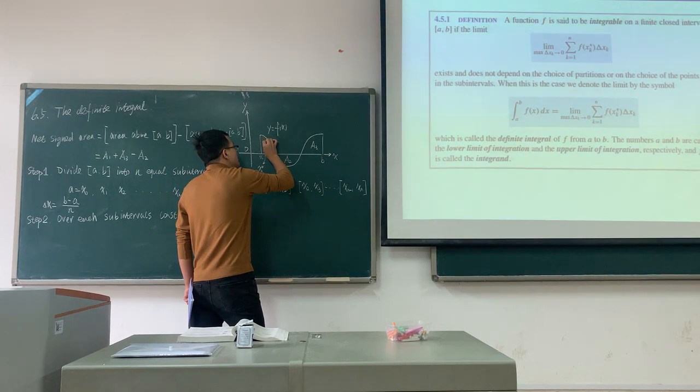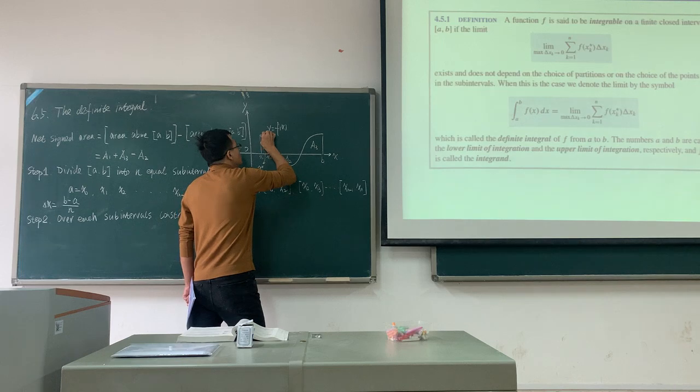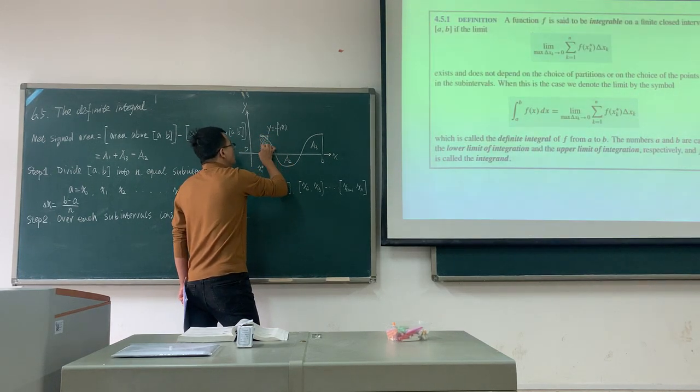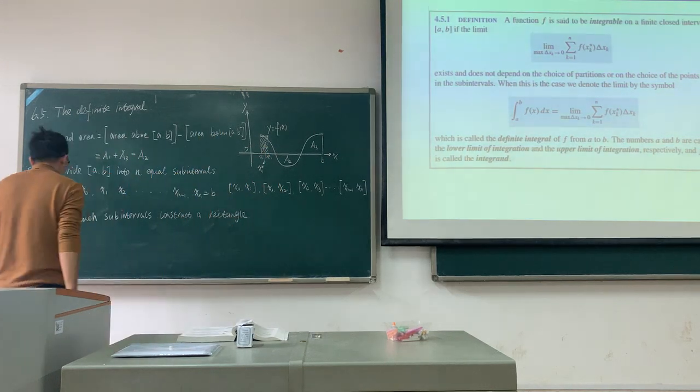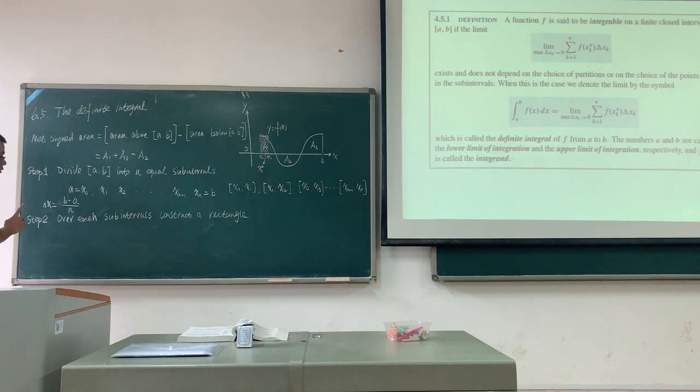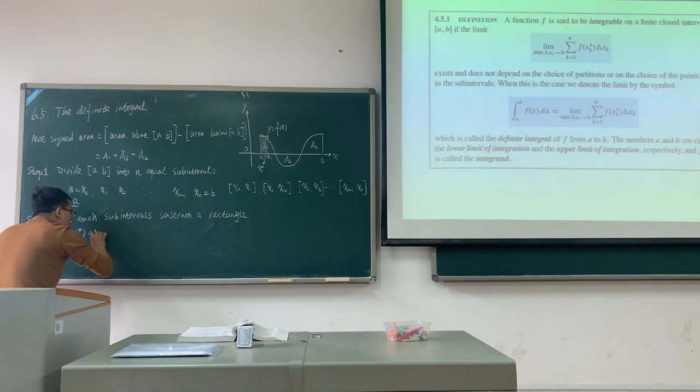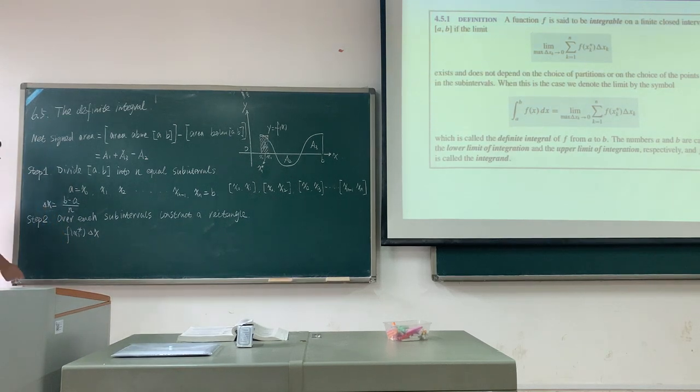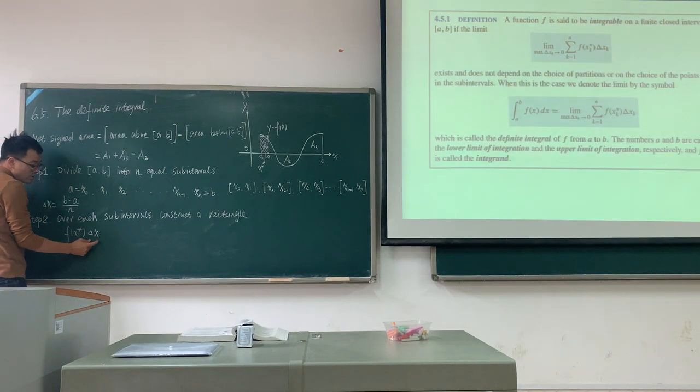So the area of the first rectangle is f(x1 star) times delta x, where delta x is the base and f(x1 star) is the height.